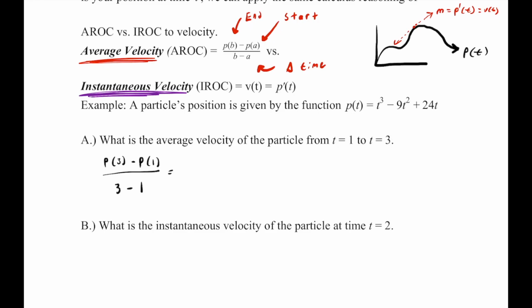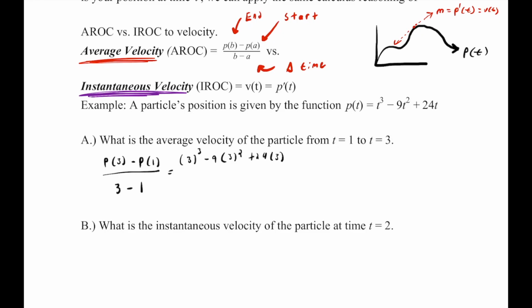And so again, I'd just be plugging in here. I'll fill this out really quickly, but I'm not even going to do the math out because I know you're all capable of that. That would be 3 cubed minus 9 times 3 squared plus 24 times 3, right?